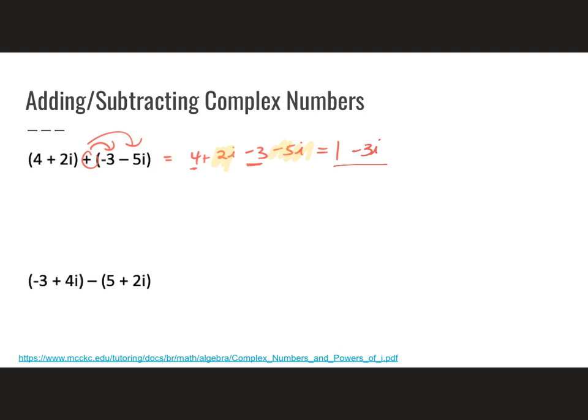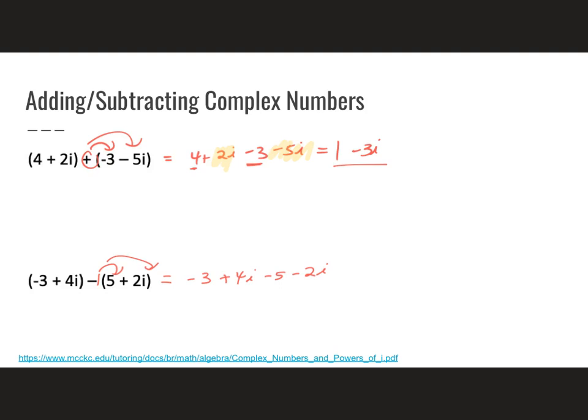My next one over here is negative 3 plus 4i minus 1 times 5 plus 2i. So I'm going to, once again, just distribute this negative 1. And so when I distribute this negative 1, I have negative 3 plus 4i, and negative 1 times 5 gives me minus 5. Negative 1 times positive 2i gives me minus 2i. All right, so what are my like terms over here?